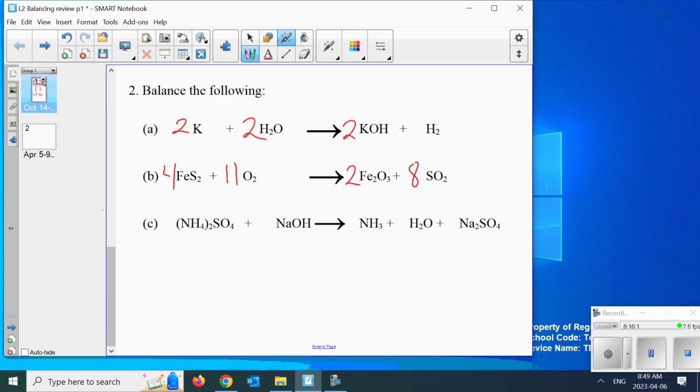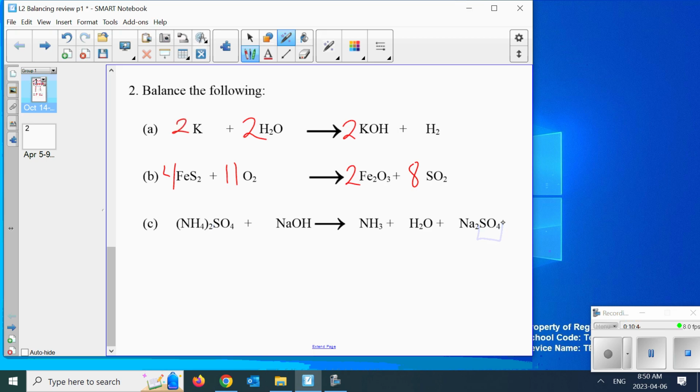Now this one is the most common. On these, I'm looking for everything being a compound, no elements, so it's not the same. But I do look for some things that are the same on both sides. Notice there's a group of SO4 and a group of SO4. They're sulfate. They don't actually separate them.